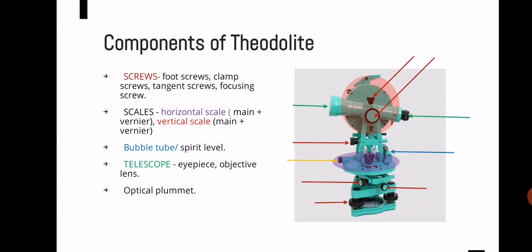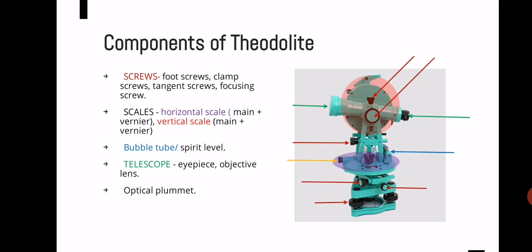So what are the different parts or components of the theodolite? First of all, we have screws, in which there are foot screws, clamp screws, tangent screws, and focusing screws. So here in the picture, all the arrows of red color are pointing towards certain screws.